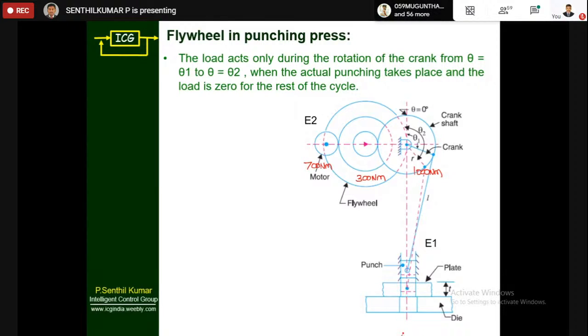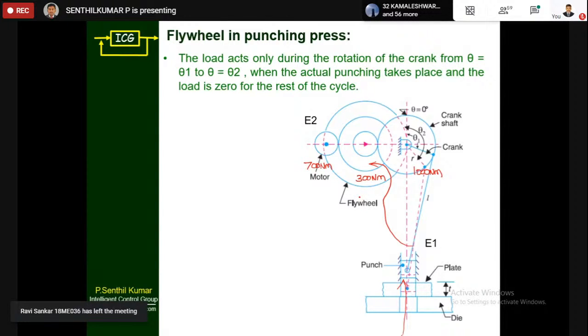After making the hole, it will go back. During the return, what happens? A lot of energy is wasted. So particularly, that 300 Newton meter energy is stored in the flywheel. During the return, the same 1000 Newton meter goes, in that 300 Newton meter is stored in the flywheel. Again, during the forward motion, the motor supplies 700, the flywheel supplies 300 Newton meter. So this is how a flywheel works.